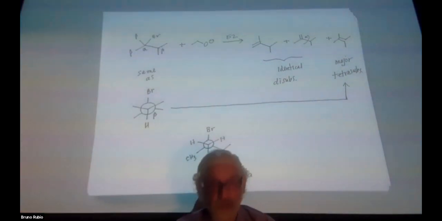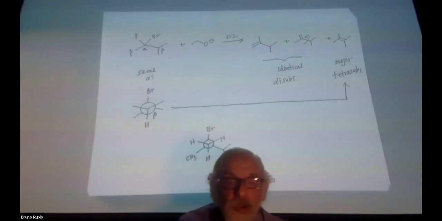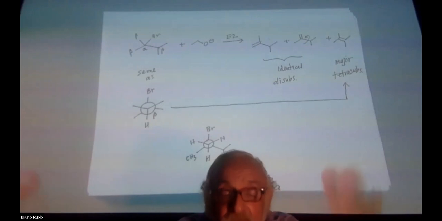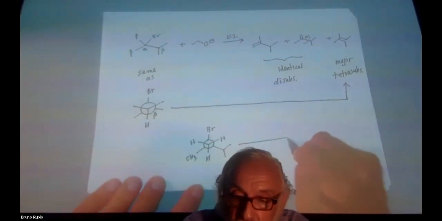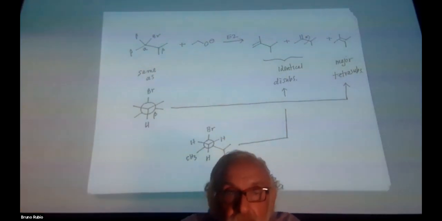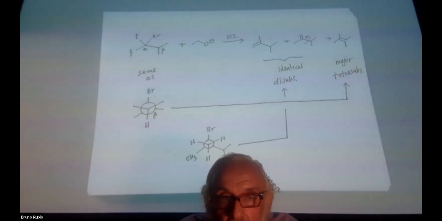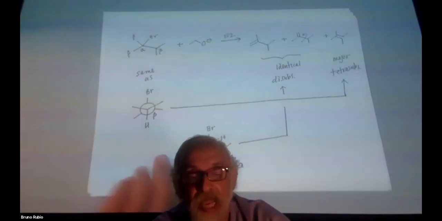Can the beta proton and the leaving group on alpha be anti to each other? They can. So this is the transition state that is going to lead to these products. So you're just getting a new double bond between alpha and beta.